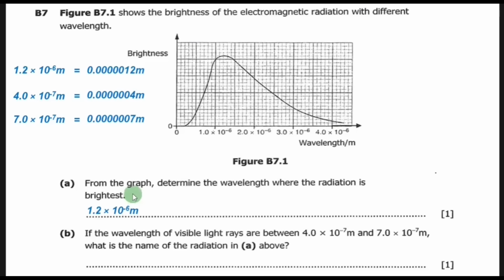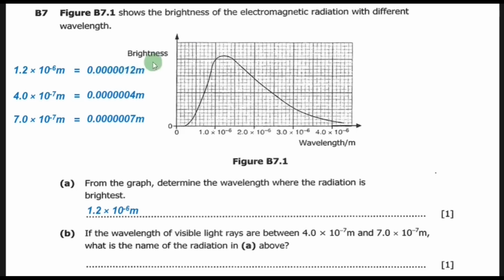So the radiation with a longer wavelength are those at some extreme end, and those with a shorter wavelength are at the other extreme end. So if I get this wavelength here and compare it to this, you find that this one has how many zeros after the point? 1, 2, 3, 4, 5.